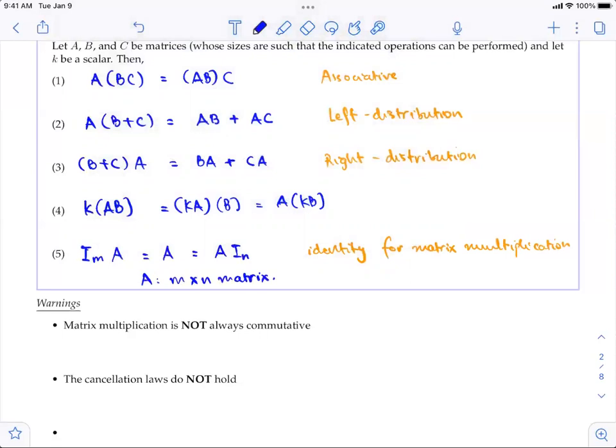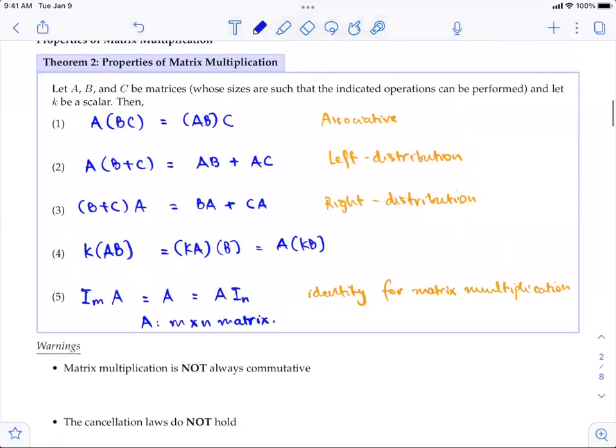Okay, so these are the properties of matrix multiplication: the associative properties and two very important distributive properties, the left distribution and the right distribution. The order in which you write the products really matters because for the most part, the product AB is going to be different from the product BA.